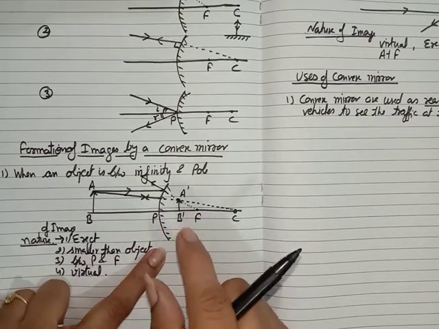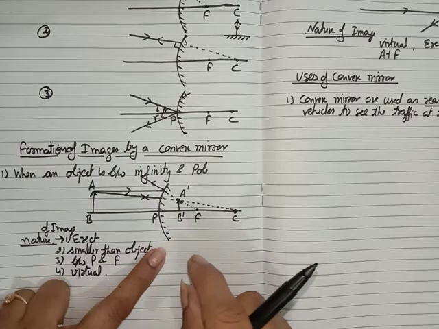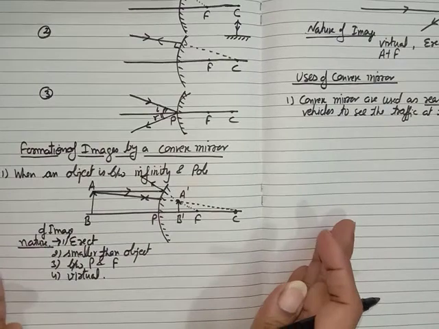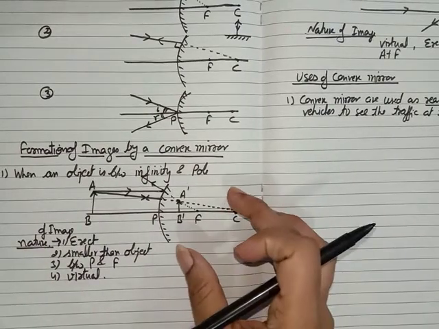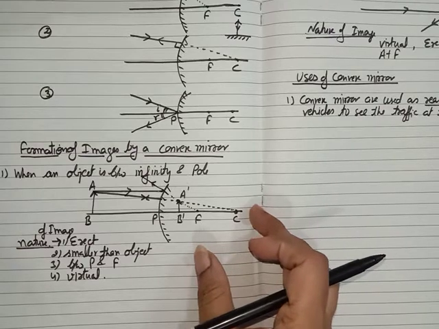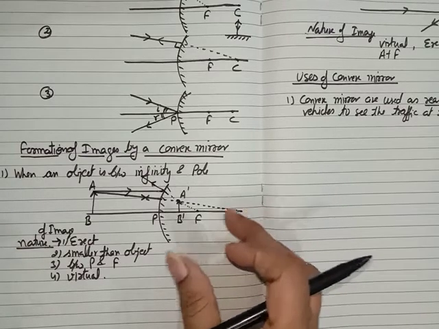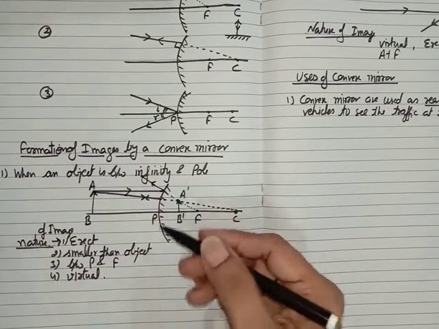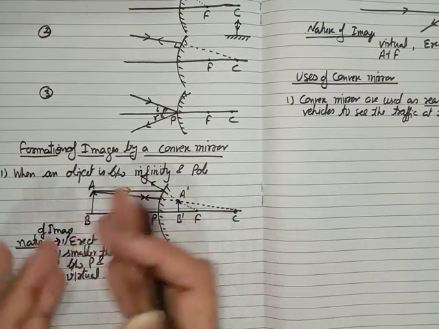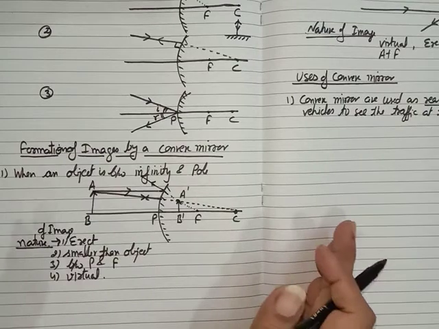If a mirror forms a smaller image, it means we can see a large view behind us. By a small mirror, we can see the large view, because the image of the object formed by the mirror is so small that it can take a large view behind us. This is the first reason.